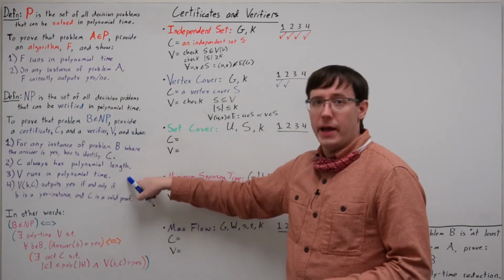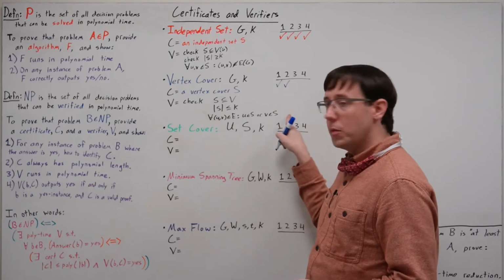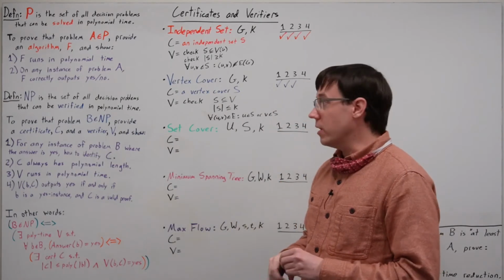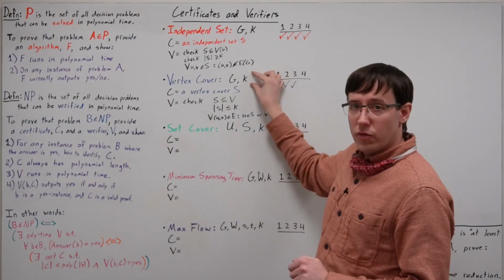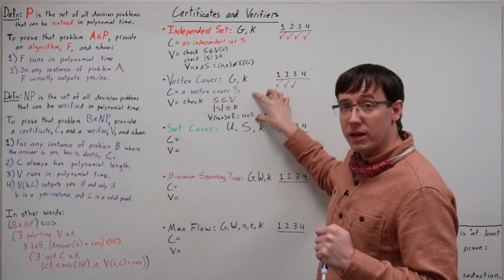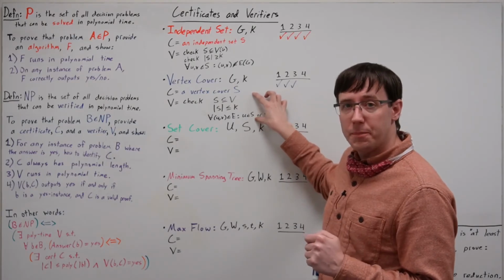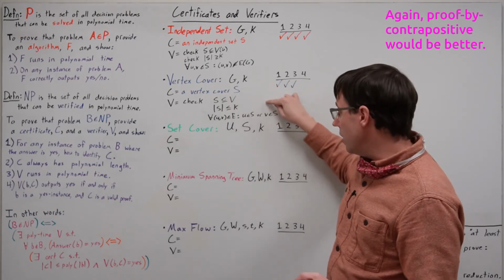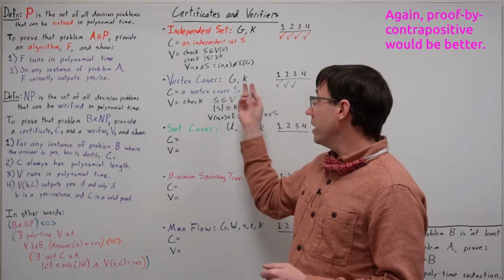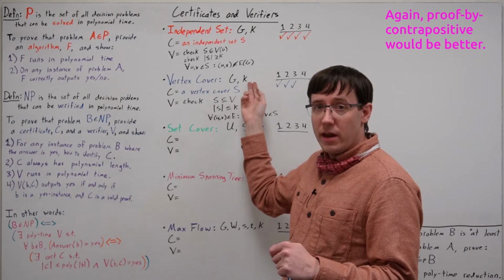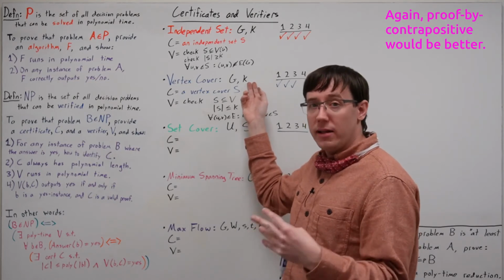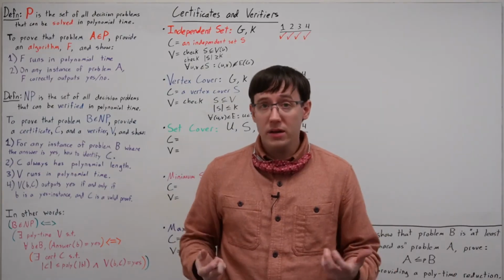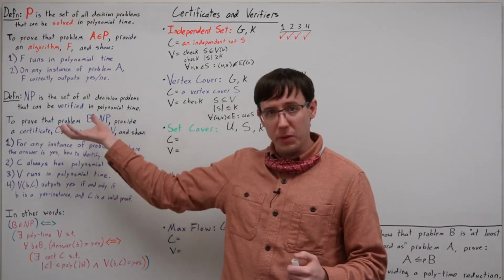The checks run by our verifier all take polynomial time, and we output yes if and only if we are given a yes instance of the problem and a certificate proving that that was a yes instance of the problem, because if we are given an invalid certificate, it will fail one of these checks, and if we are given a no instance, then there cannot be a valid certificate, so again, one of the checks must fail. And so vertex cover belongs to the class NP.